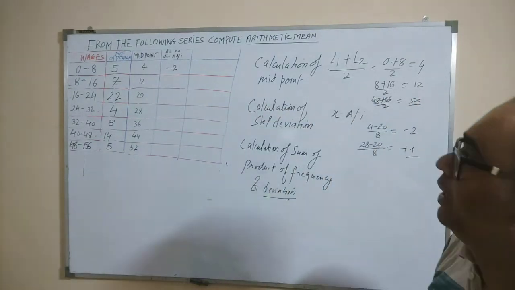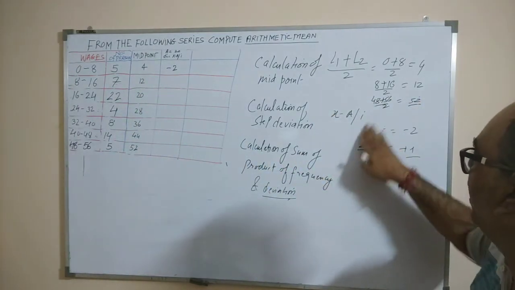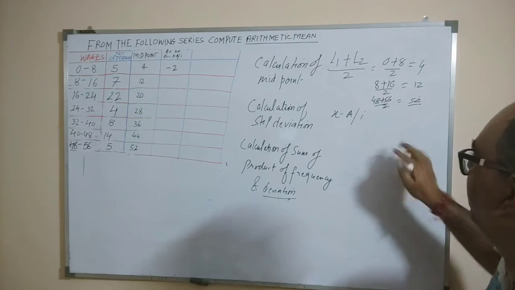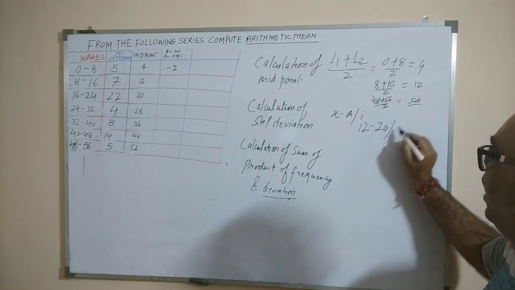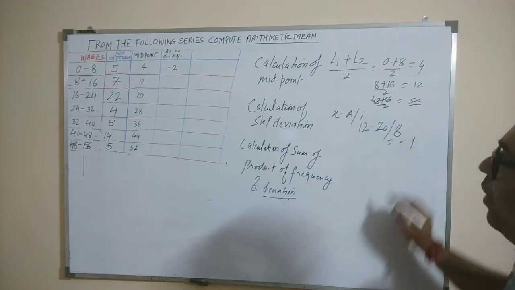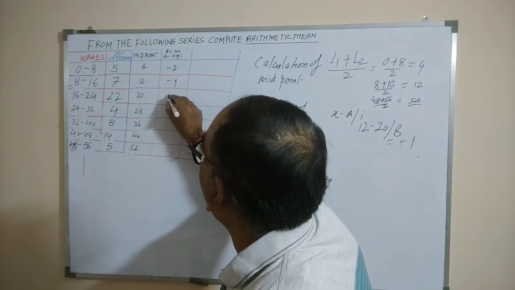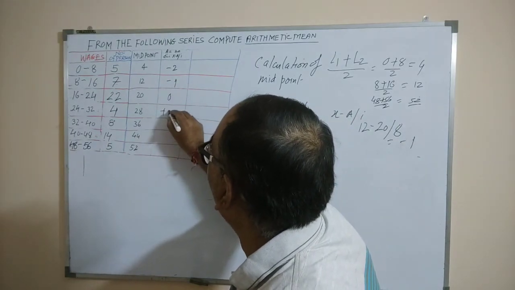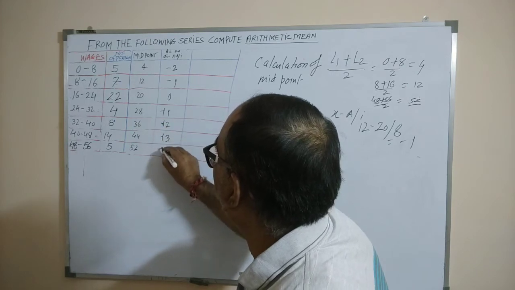Next, x will be 12. 12 minus 20 divided by i, which is 8, the value will be minus 1. Likewise, the values will be minus 1, 0, plus 1, plus 2, plus 3, plus 4.